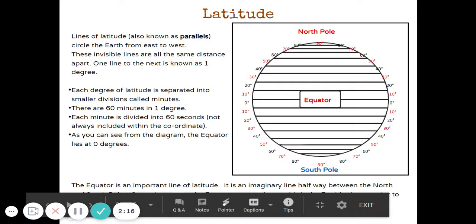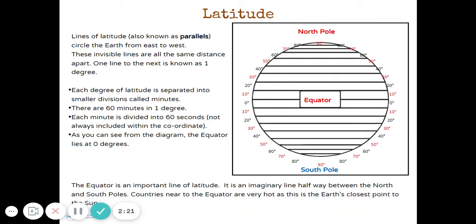So your lines of latitude, also known as parallels, circle the Earth from east to west, so that's right to left. These invisible lines are all the same distance apart, and one line to the next is known as 1 degree. Each degree of latitude is separated into smaller divisions called minutes.